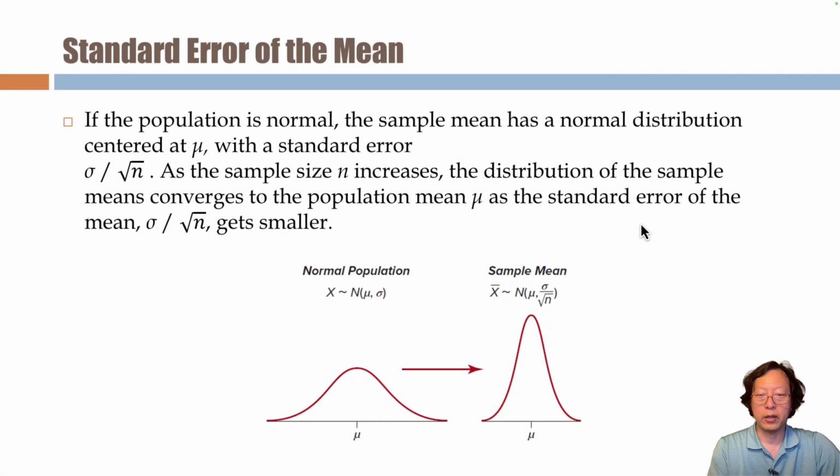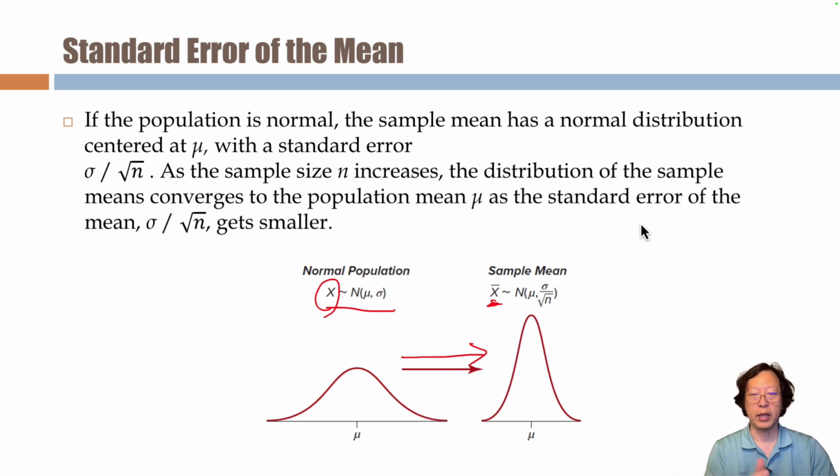As I told you, this is the original population distribution, but when you calculate the x bar, which means you add up, the bigger number and smaller number cancel out, giving a smaller standard deviation.